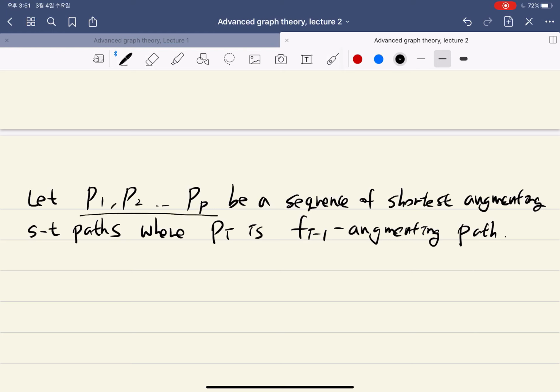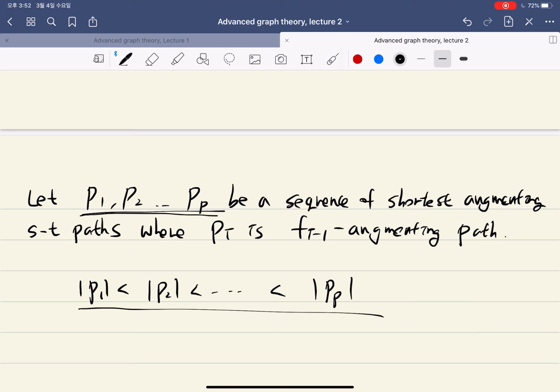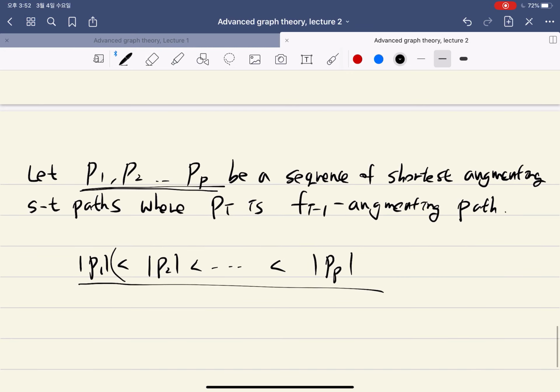For that, how do we want to show it? We want to show that the length of these paths keeps increasing. So ideally, if this keeps increasing, then since the lengths of the paths are integers, this must end. But showing this strict inequality is difficult.